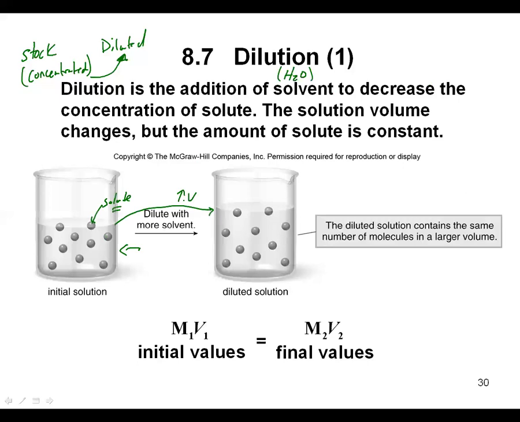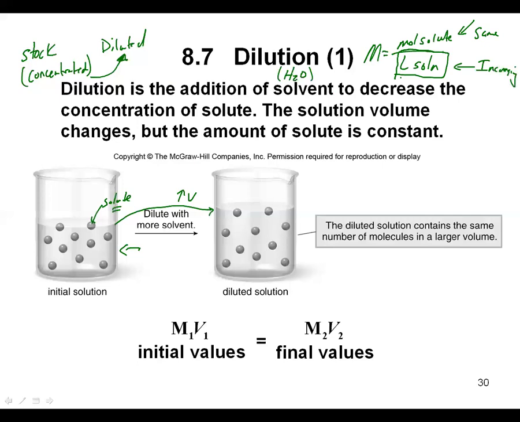And if you just think about molarity in general, molarity technically is the moles of solute, write out all the words there, over liters of solution. Since the moles of solute remains the same when you do a dilution, but the volume increases, what you're essentially doing in a dilution is increasing the bottom part here.